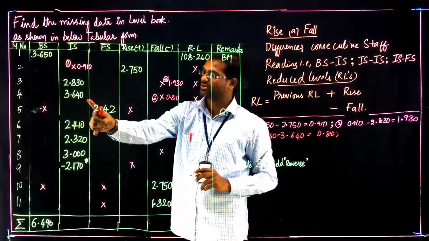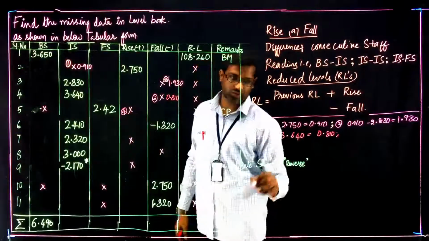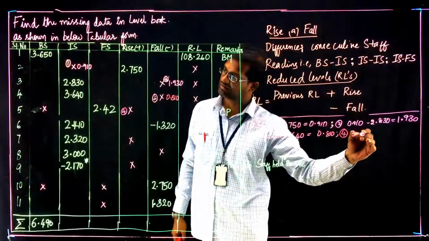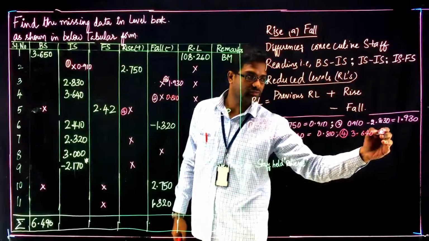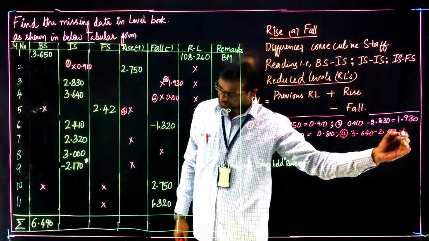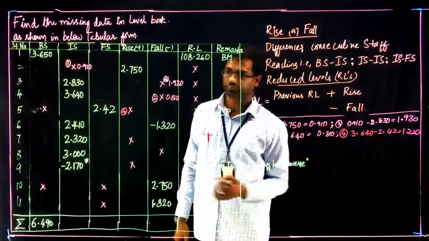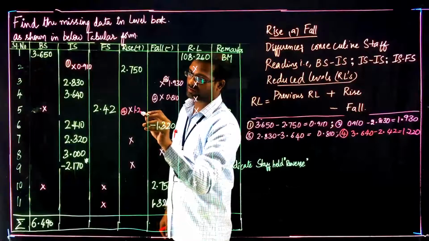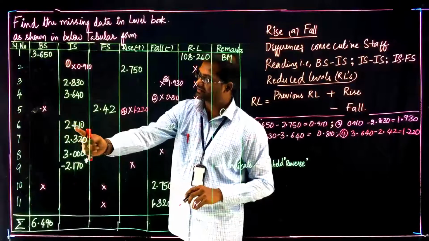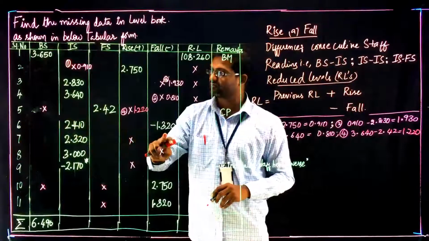Now this minus this will give you this value. So 3.640 minus 2.420, let me take this as the fourth one, gives 1.220. This value minus this value gives this value. This minus this, you have got a fall.